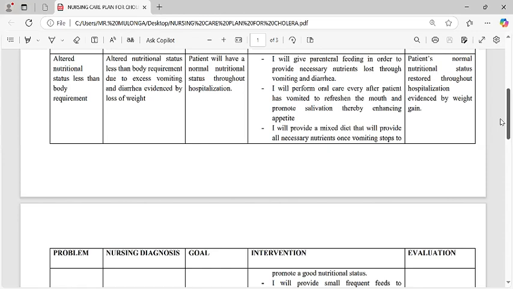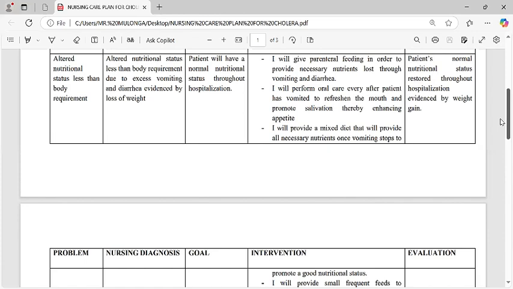Therefore, when you perform or assist the patient to perform oral care, the patient will have at least a good taste in their mouth, and that will encourage them to eat because now they have a good taste in their mouth.